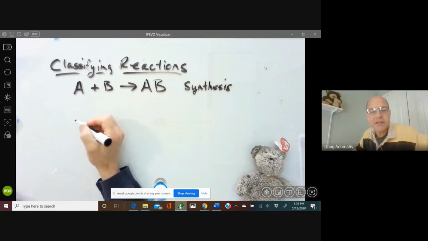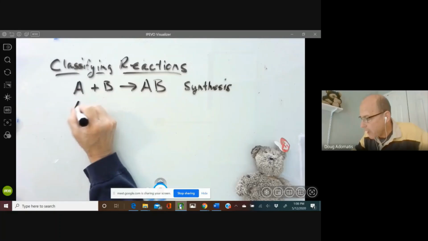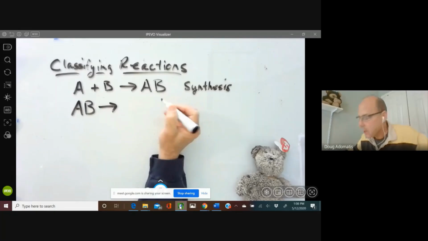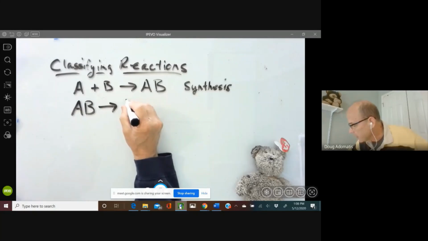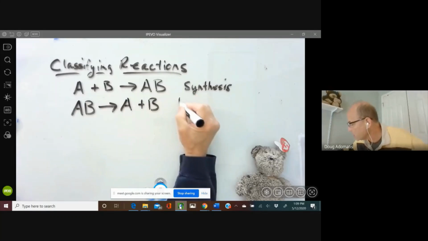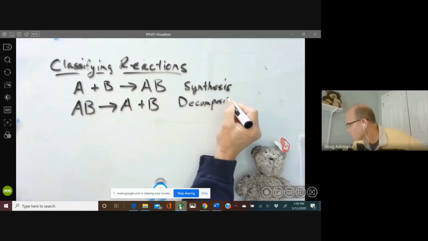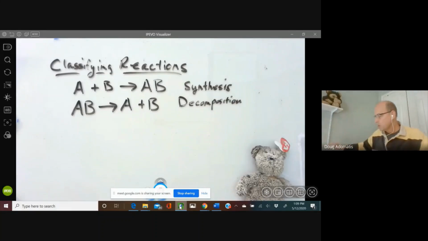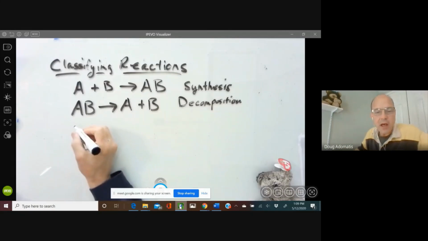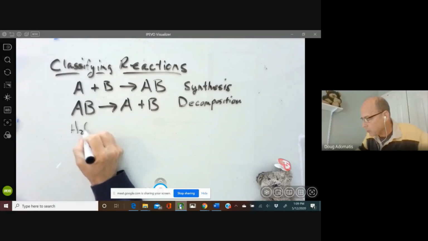Okay, now the opposite of that one is the decomposition reaction, where you have some compound and then something happens and you break it up into its components, A plus B. This is called a decomposition reaction. An example of that: we talked about hydrogen peroxide, which is in the brown bottles in your medicine cabinet.